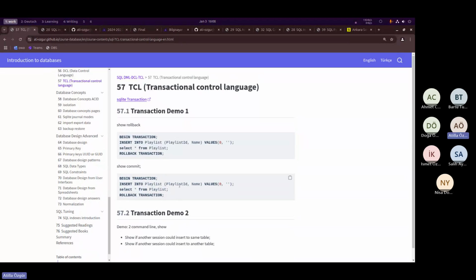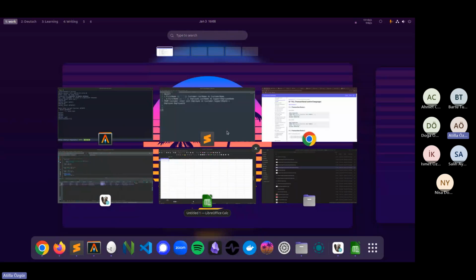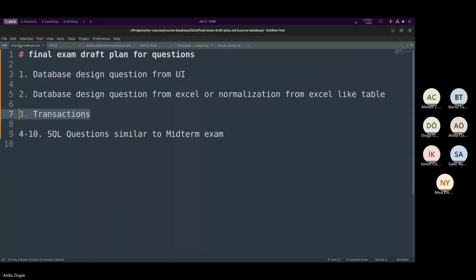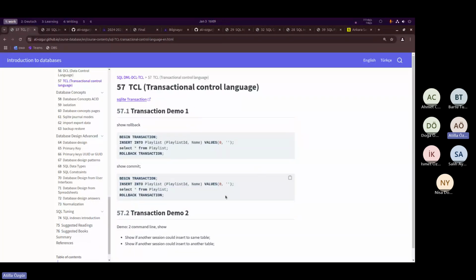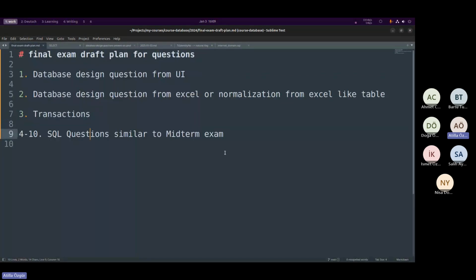I will be asking a question similar to this transaction control, as I said in the draft plan: a database design question from UI 1, a database design question from Excel 1, transaction, that is this transaction control language, okay? Then, similar to the SQL midterm exam, I will be asking other SQL questions.